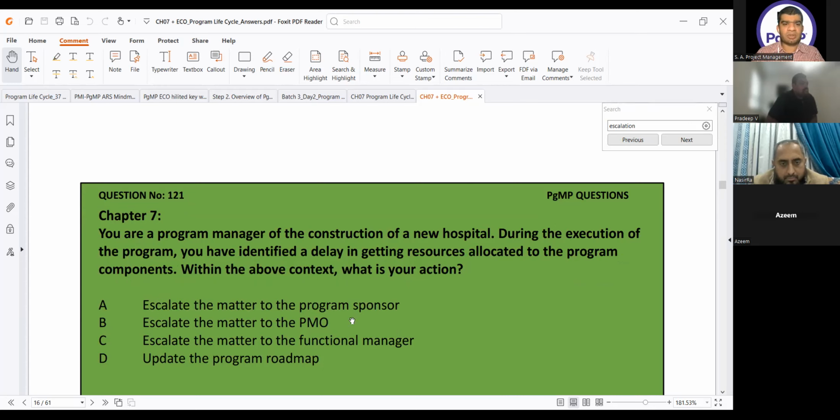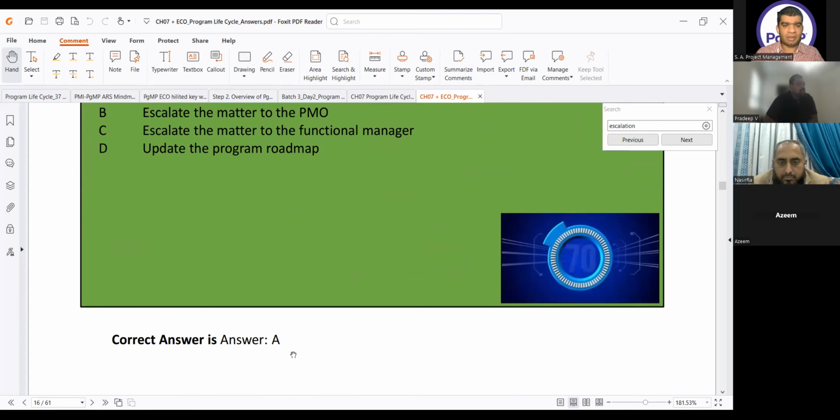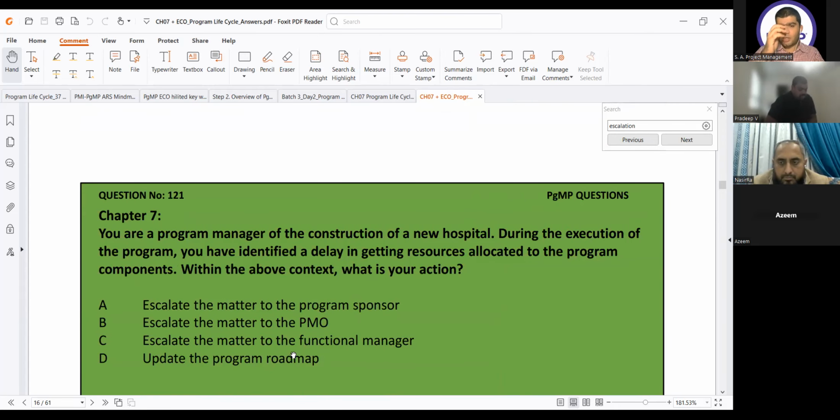Escalate the matter to sponsor, escalate the matter to PMO, escalate the matter to functional manager. You escalate, this is what we covered just now. What is the correct answer? I think A, right? Yes, correct answer is A, because you are not able to solve at your level and you're not getting the resources. So whenever something is out of your control, escalate it.